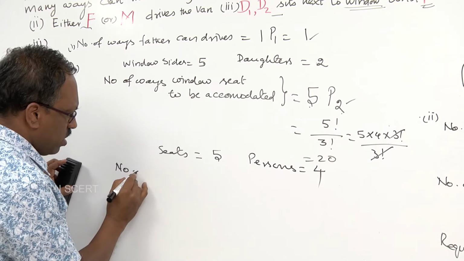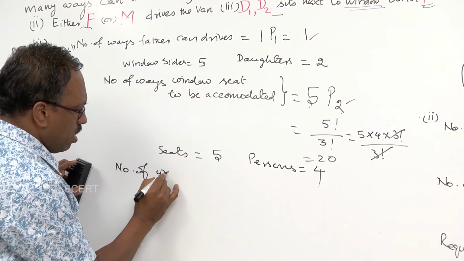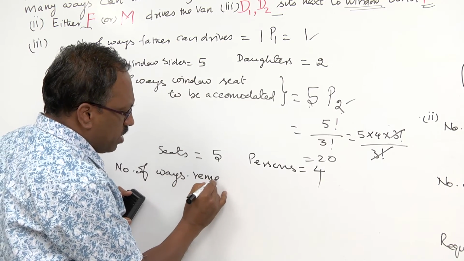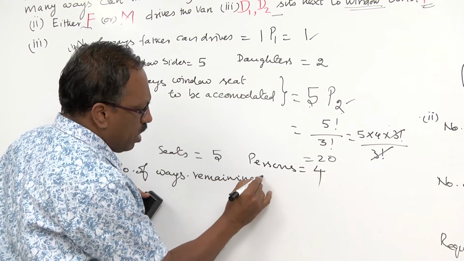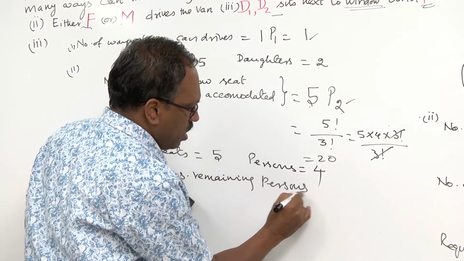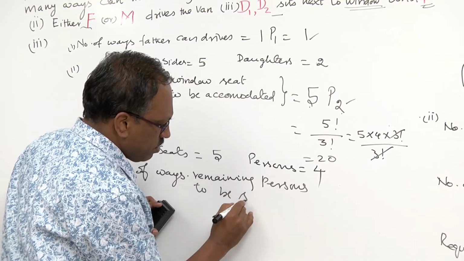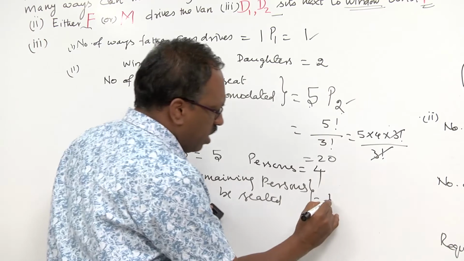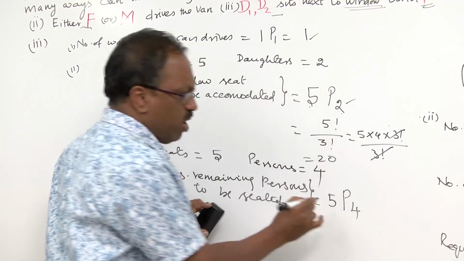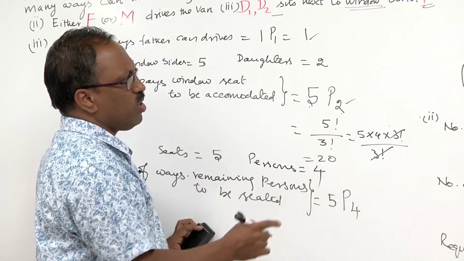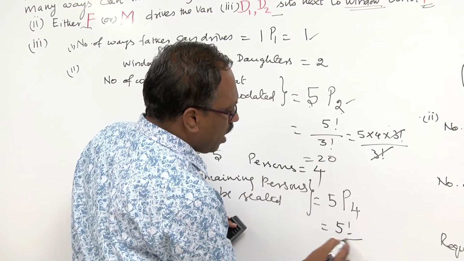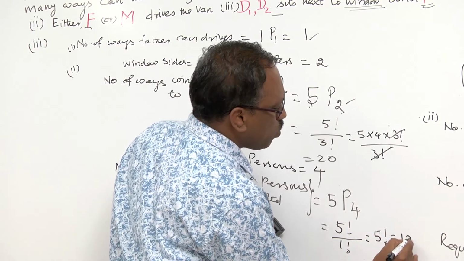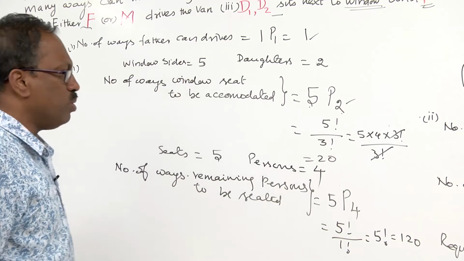Number of ways the remaining persons are to be seated: 5 places and 4 persons. 5P4 is nothing but 5 factorial by 5 minus 4 is 1 factorial, which is nothing but 5 factorial, which is 120 here. That we know.